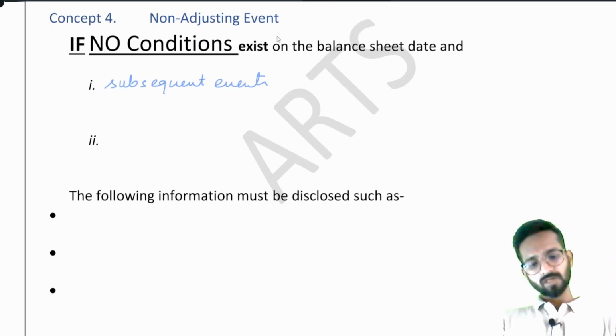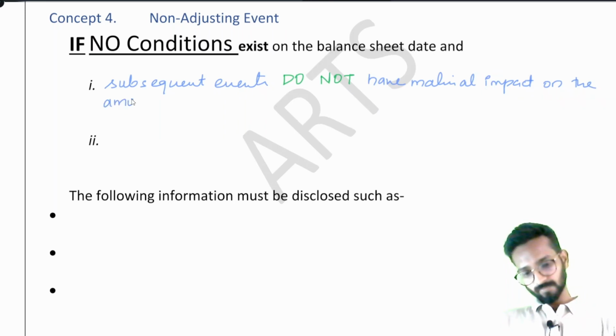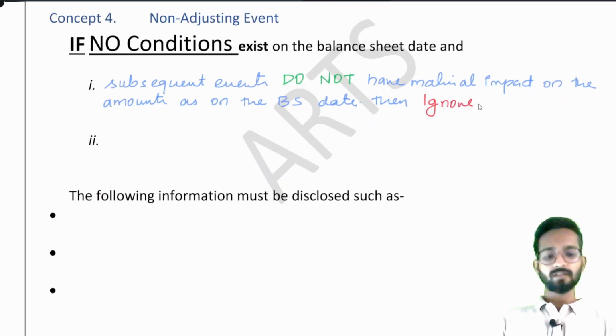See, if no condition exists on the balance sheet date and the subsequent events do not have material impact on the amounts as on the balance sheet date, then what will you do? Then see, very important. Okay, then you will ignore it. Very easy.